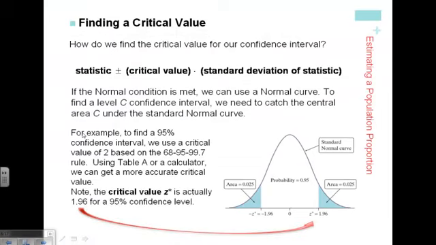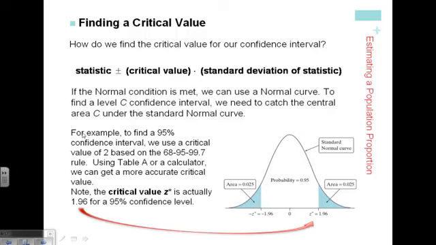Now, one last thing on the vocab side. I've got this general expression called the critical value. And in the previous examples, we've been using 2 or a number around 2. We have a symbol for the critical value, and it's referred to as Z star.